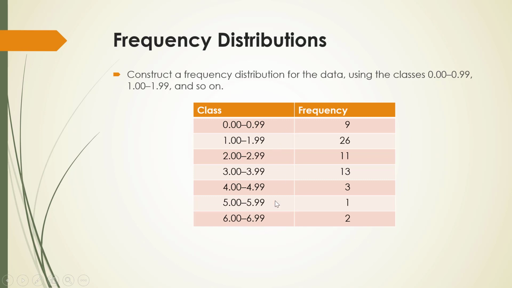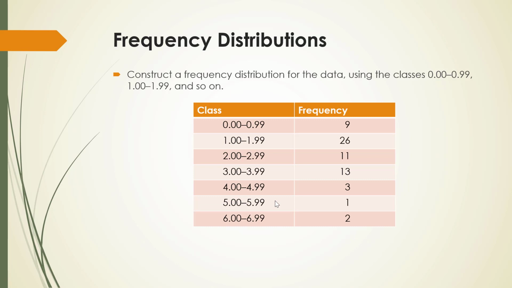This is how I construct a frequency distribution for quantitative data. I repeat: for qualitative data, we just count each category to see how many times it appears in the dataset, but for quantitative data, we have to break it into classes. So that's how we construct a frequency distribution.